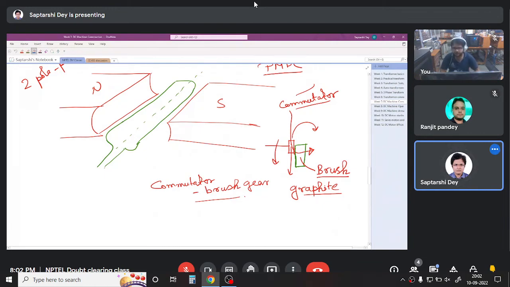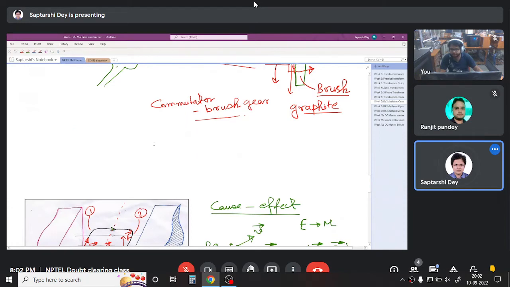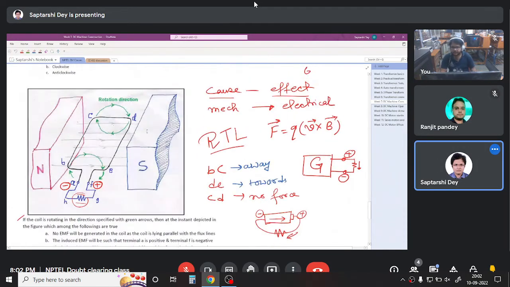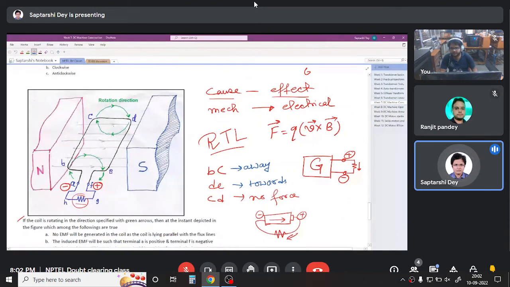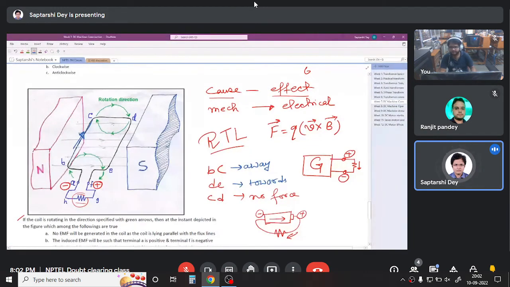So see, what we saw here, forget this load for now. When this conductor was here, it was creating a flow of positively charged particles away from us, and this was creating towards us.